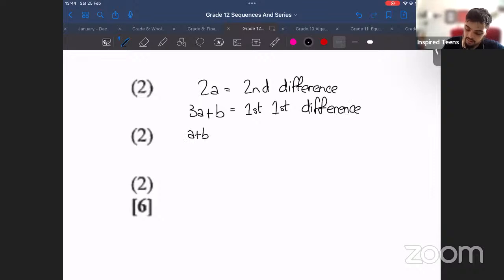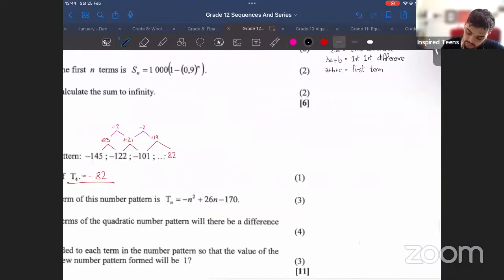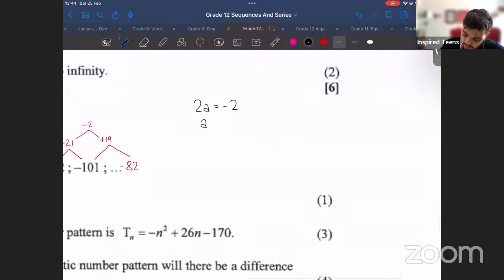And a plus b plus c, this is not given in the formula sheet, you need to memorize it, is equal to the first term. The 2a is equal to the second difference, so we will say 2a is equal to -2. Therefore, a is equal to -1.